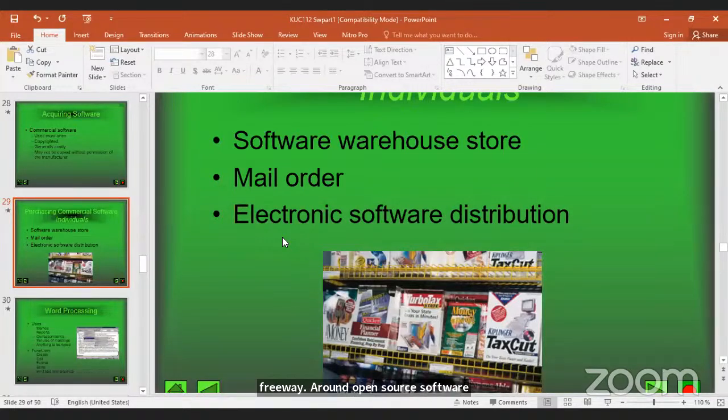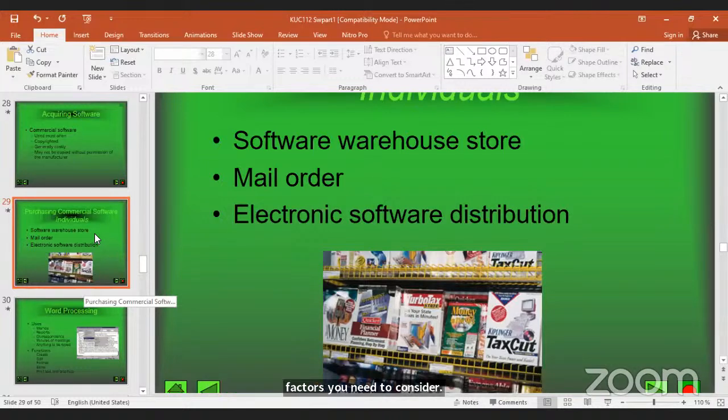Which one is better? Between a software that you purchase and a software that you acquire freely, which one do you think is better when it comes to performance, security, and support? These are some of the factors you need to consider.